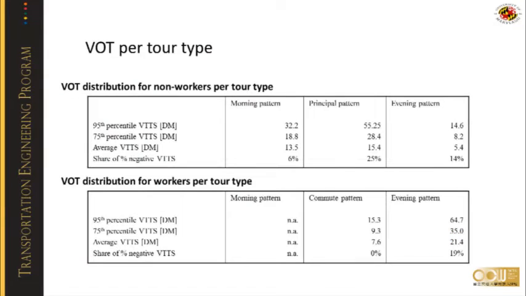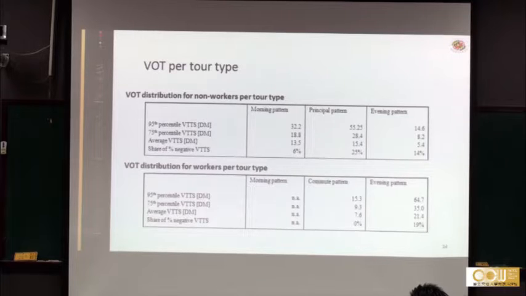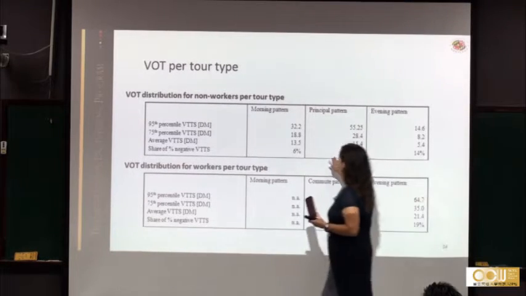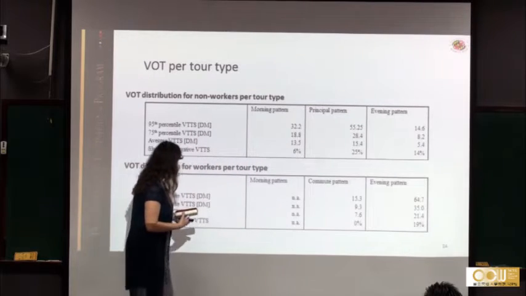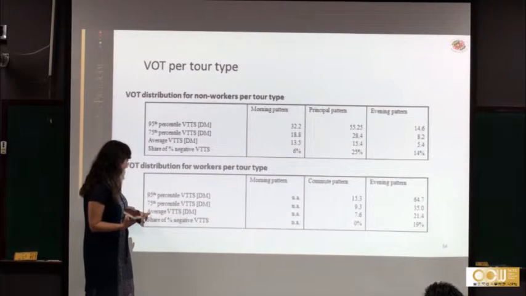Then I calculated the value of time from the distribution, and again, I took advantage of the way I've organized the data, because now I have the value of time for different tour types. So these are for non-workers, and these are for workers. Let's look at the mean.